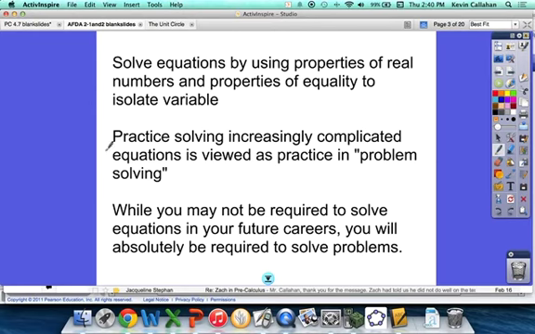And by solving problems, we mean you have to take the tools that are available to you and put them together, sometimes in unique ways, to come up with a solution. You could ask most of your parents, certainly you could ask me, most times when you go to work in the morning, what you think you're going to do is not what you end up doing that day. And that's what we mean by problem solving.